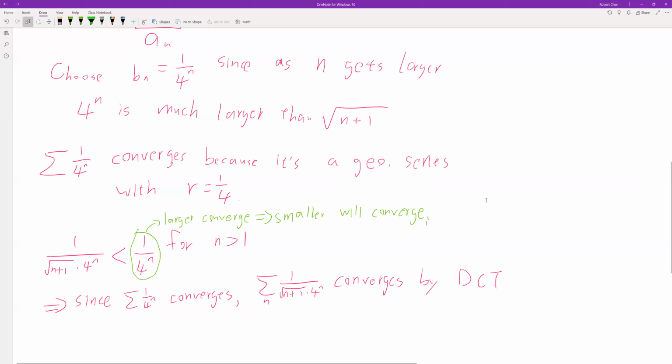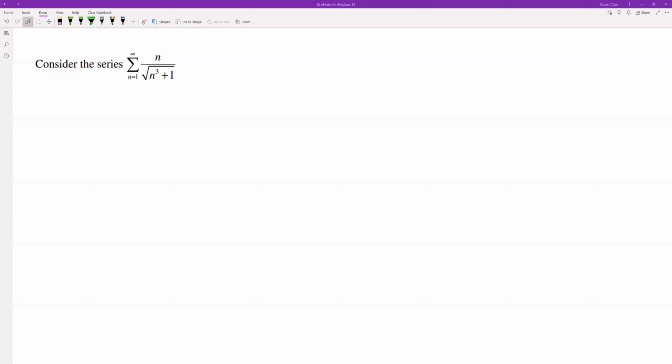Now, there are some cases where the direct comparison test is actually inconclusive, and we have to choose a different test. Let's take a look at an example of that as well. Let's take a look at this series, n over square root of n cubed plus 1. Let's call that An. Then we choose Bn to be n over square root of n cubed.